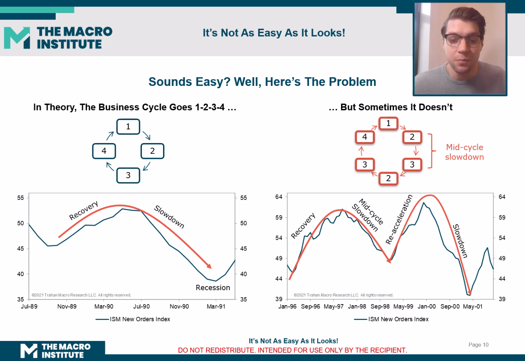So you might be expecting to hit the economic contraction, but it was really a head fake. It was just a mid-cycle slowdown, and then you see a reacceleration before you get to real lows, an eventual slowdown. So the risk here is, during the midst of a mid-cycle slowdown, you mistake that for the recession phase or for the risk-off phase, is what we would call it. But in reality, it was just a small pause in the expansion phase.